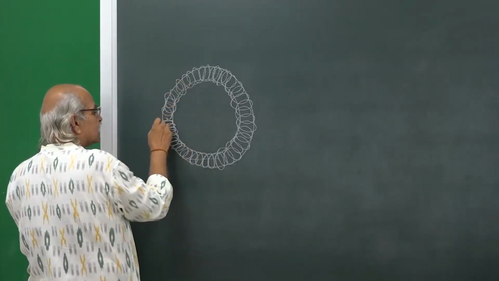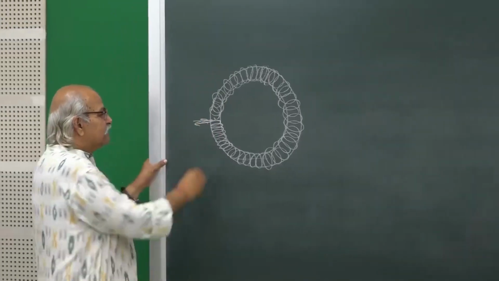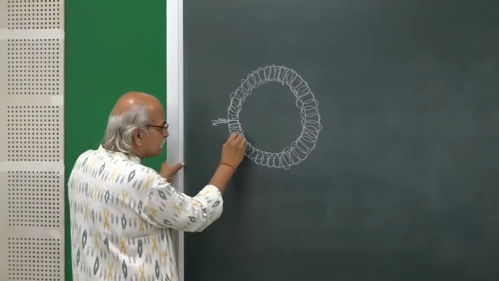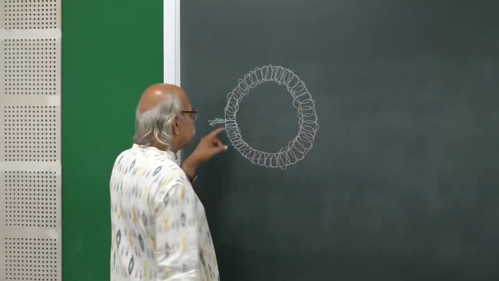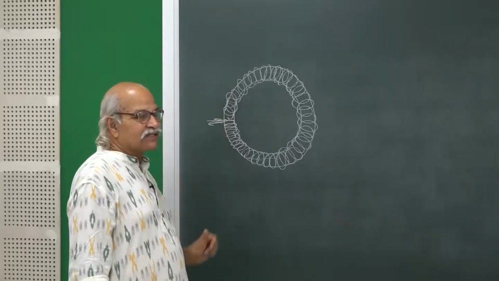Of course, the current comes and then goes like this. So, in every turn you have a current. The current goes this way, this way, and then it comes here.